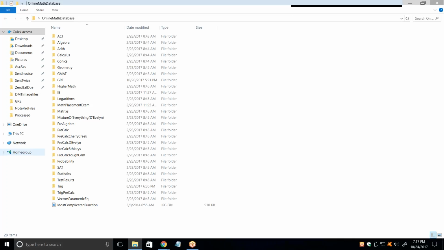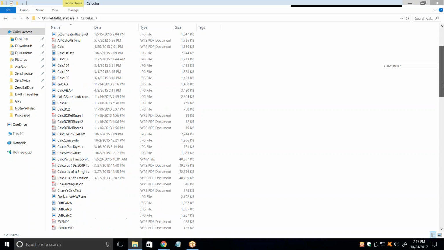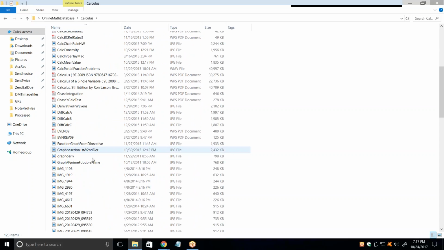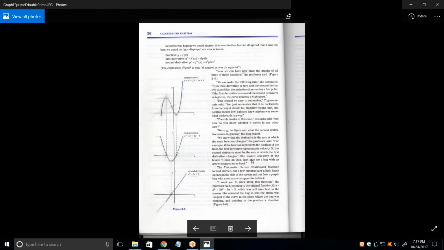Hopefully I can find it a little quicker this time. This relationship between concavity and first derivative and second derivative. Right here. Here's the top one, the original function.